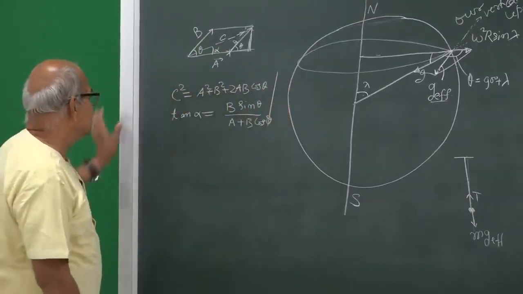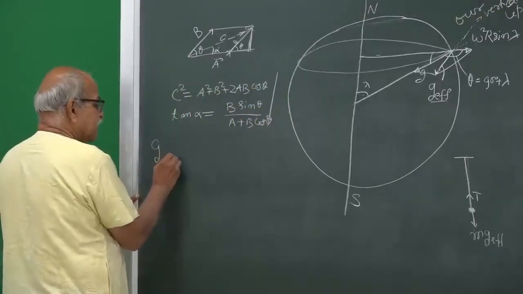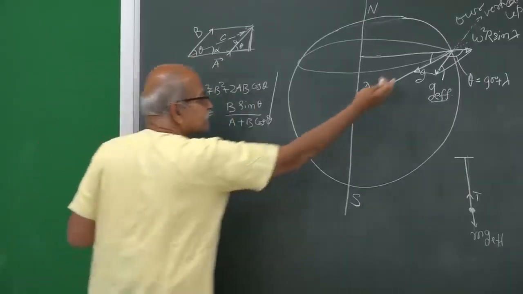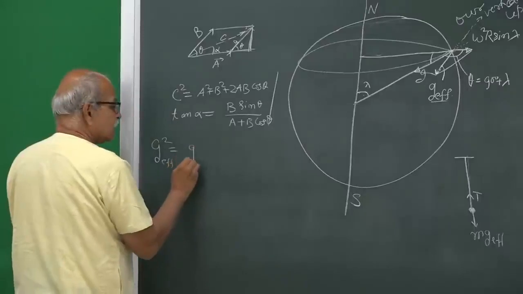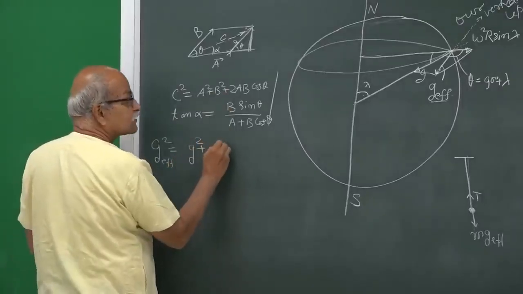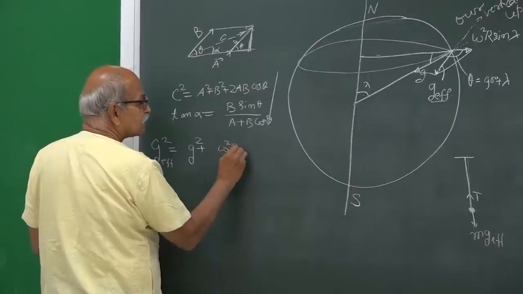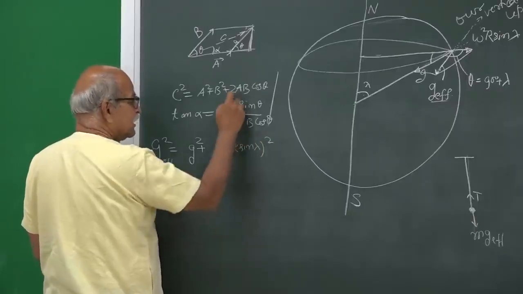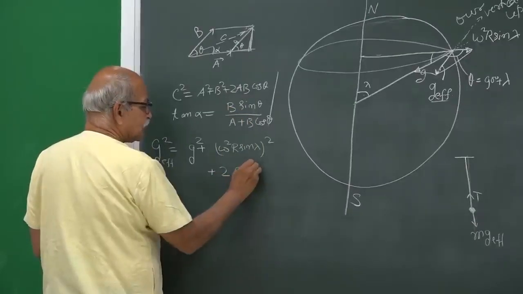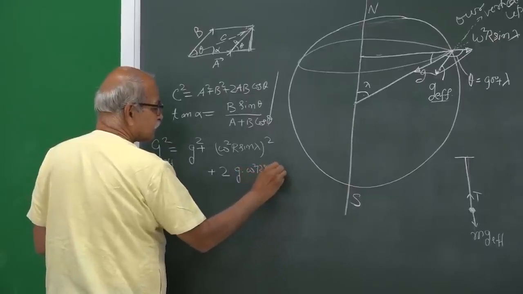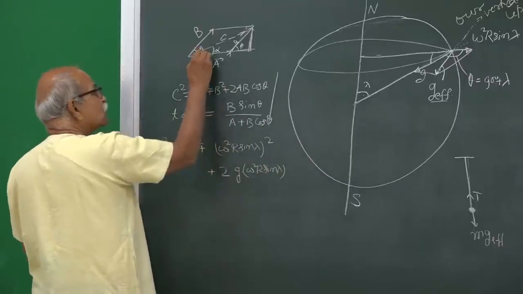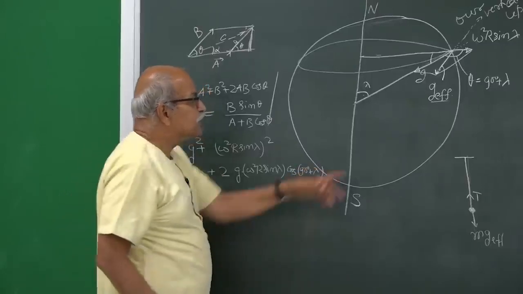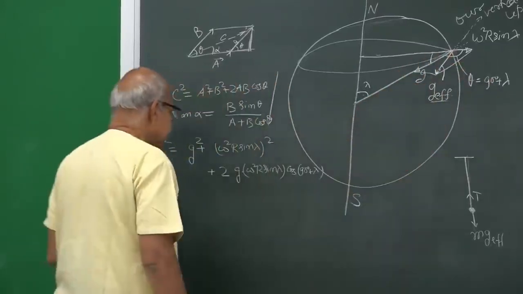So, the magnitude of G effective square is equal to A square, first vector, let us say this vector G, then plus B square, that is omega square r sin lambda whole square, and then plus 2 times AB, that means G here, omega square r sin lambda here, and cos of the angle between the two vectors. So, cos of 90 degrees plus lambda, the angle between the two vectors is 90 degrees plus lambda.